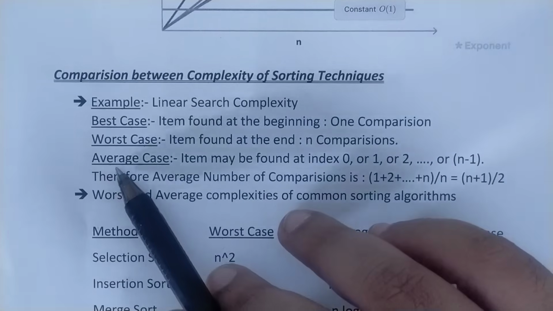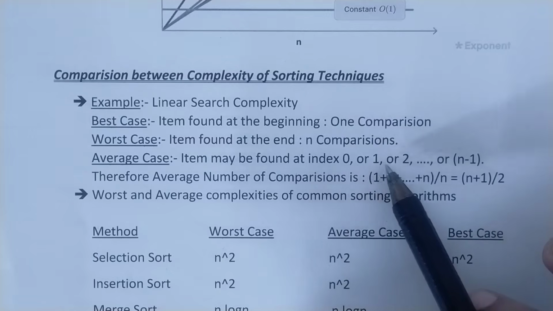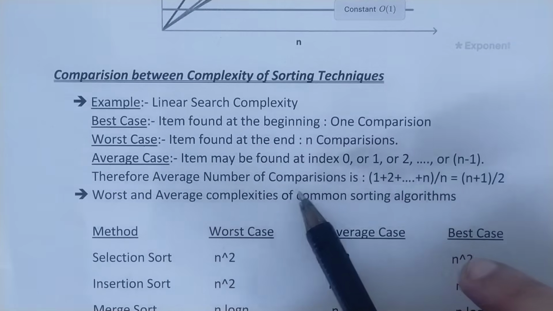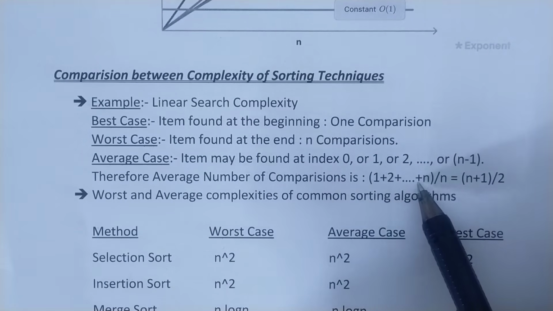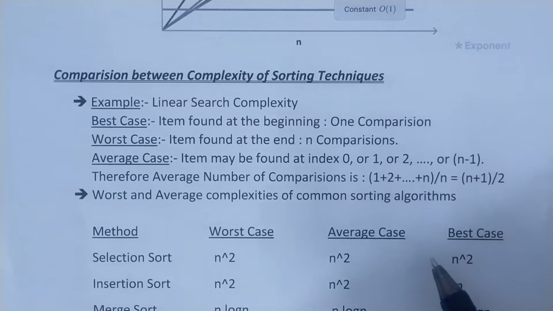And in terms of average case complexity, the item may be found at index 0 or 1 or 2 or n minus 1. Therefore, the average number of comparisons required is 1 plus 2 plus ... plus n divided by n, which is equal to (n plus 1) divided by 2. Hence, average case complexity is equal to (n plus 1) divided by 2.